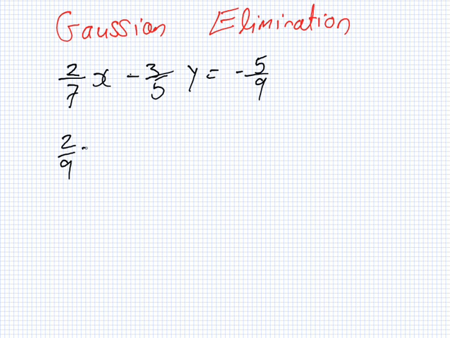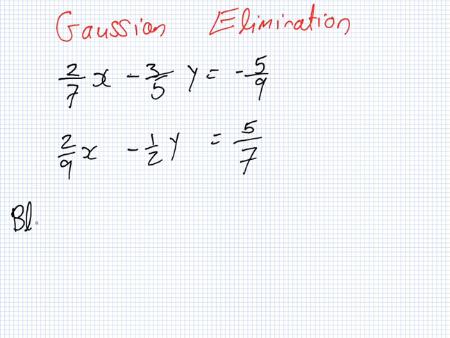And 2 over 9x minus a half y equals 5 over 7. Okay, you got that?